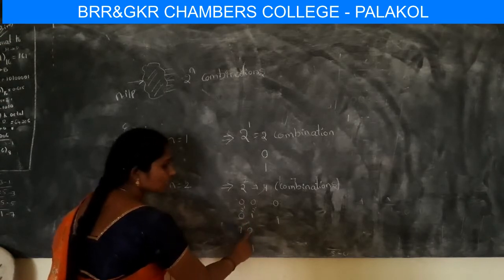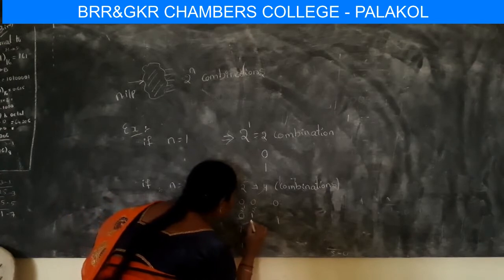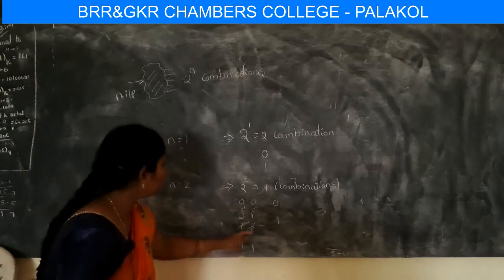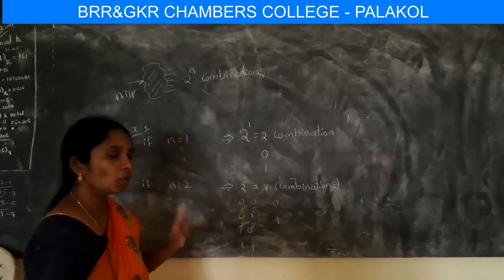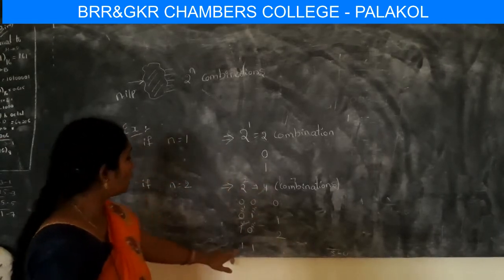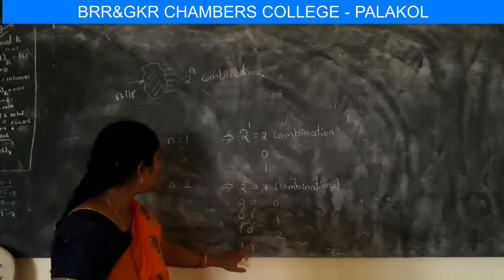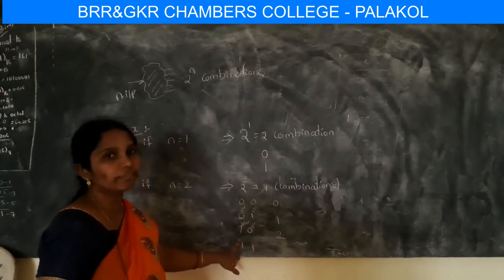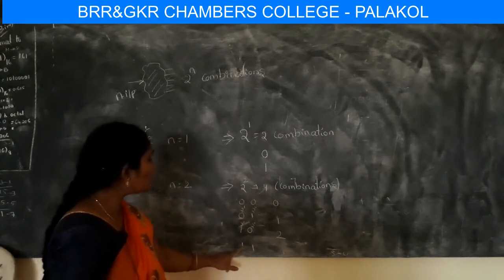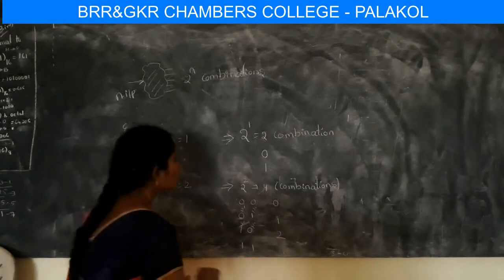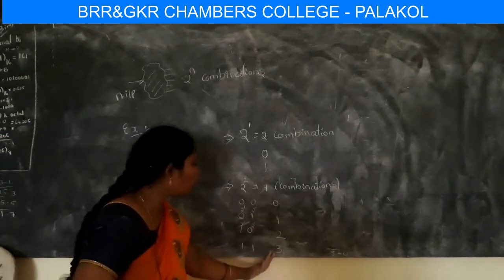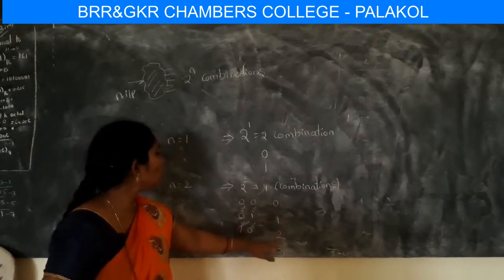After that 10: this is also 2 power 0 and 2 power 1, and 2 power 1 is 2, so the decimal value is 2. After that 11: this is 2 power 0 and this is 2 power 1, so 2 plus 1 is equal to 3. Likewise it will produce the 4 combinations, those are 0, 1, 2, 3.